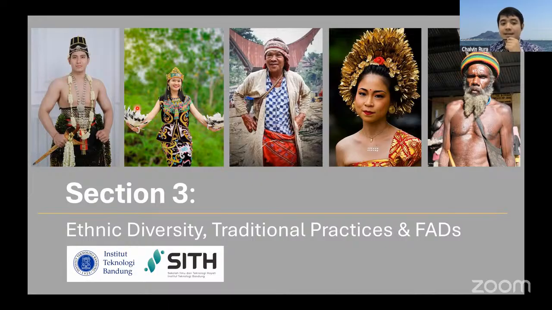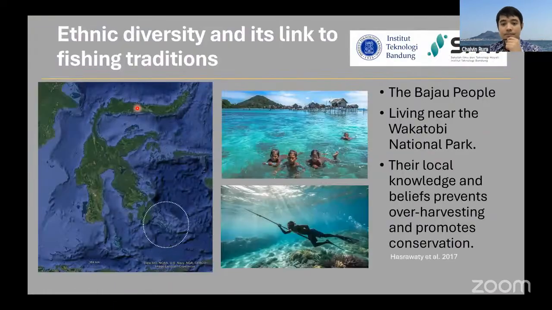However, because we have diverse ethnic groups, we also have different practices in fisheries. But maybe I will only show you just a few examples. The first one may be one of the famous ethnic groups, the Bajau people.